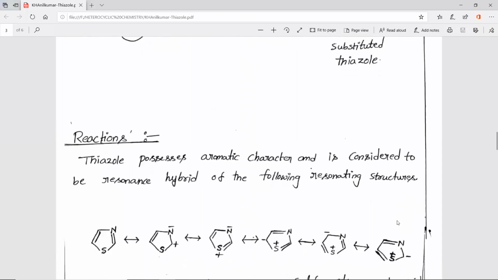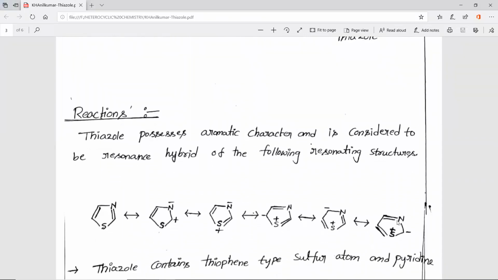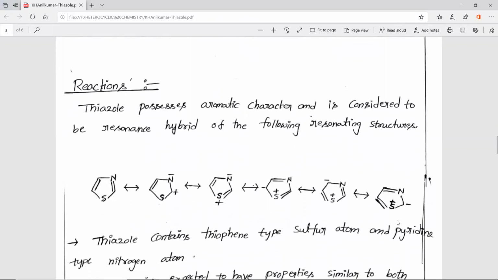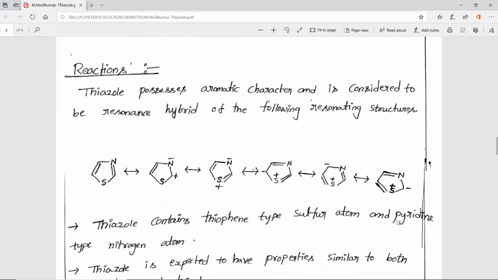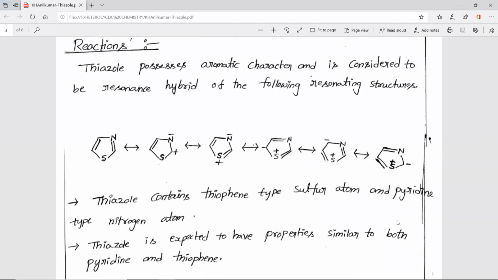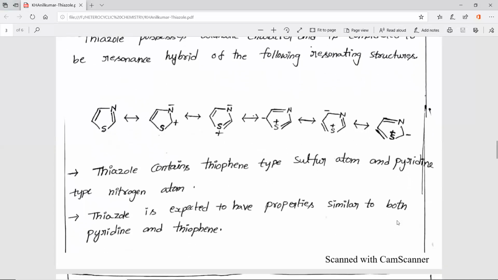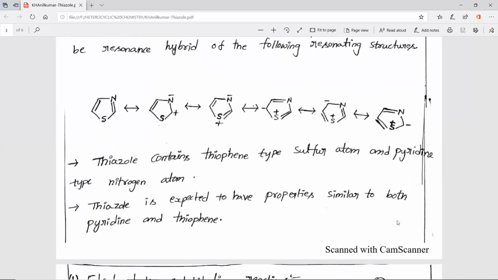The thiazole ring possesses aromatic character, and it is considered as a resonance hybrid of the following resonating structures. It has a considerable aromatic character, and it is prone to electrophilic substitution at position 5 and nucleophilic substitution at position 2. So, thiazole contains a thiophene type of sulfur atom and a pyridine type of nitrogen atom.